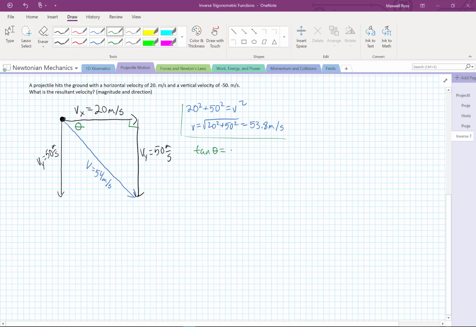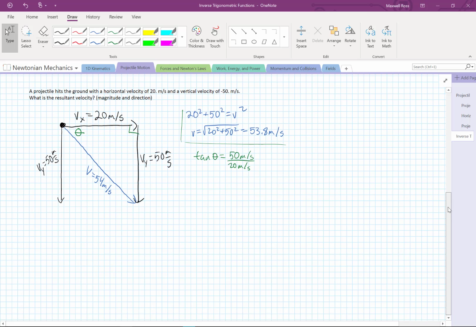So tangent of theta would be Vy, which is 50 meters per second, over Vx, which is 20 meters per second. And I can't get this angle theta easily out of there. There's no easy way to take that input out of the function. So I'm actually going to need a new function which reverses the inputs and the outputs in order to get my angle as an output.